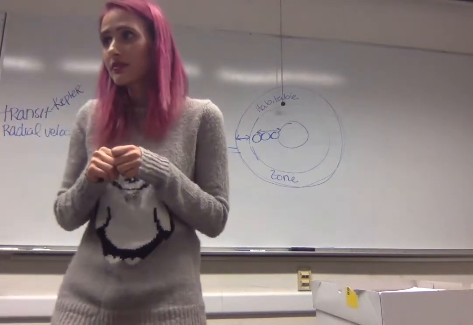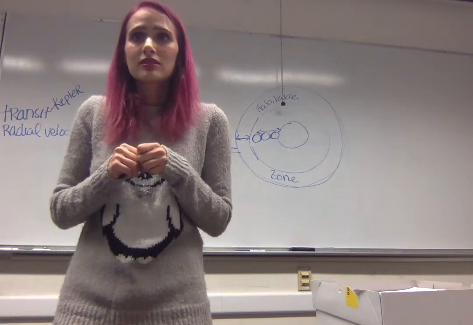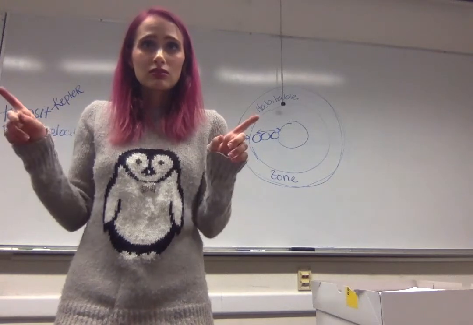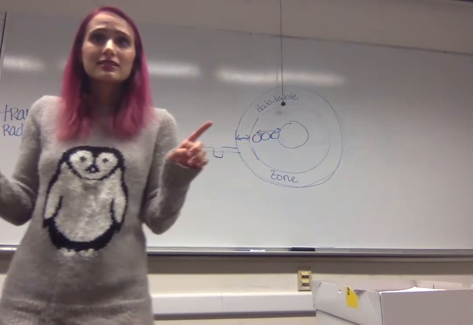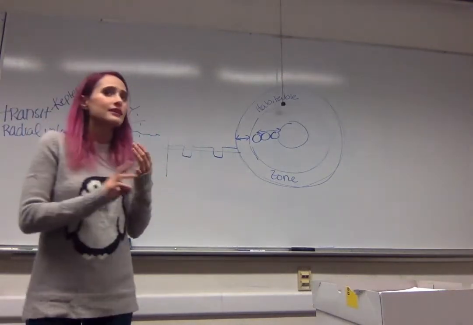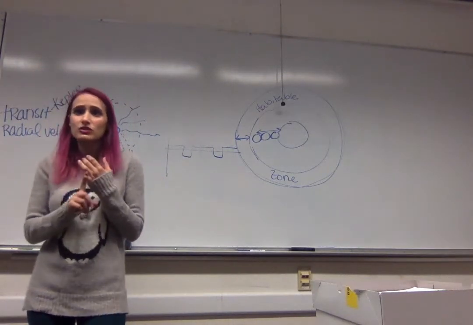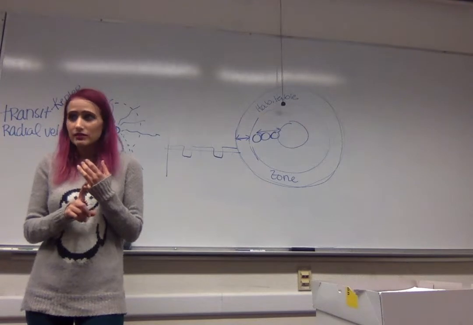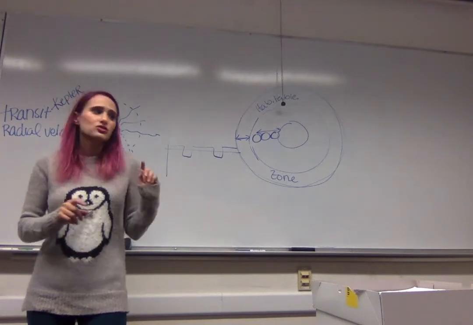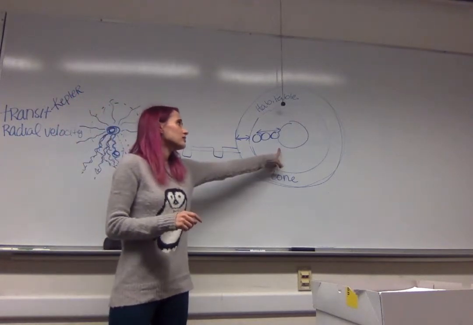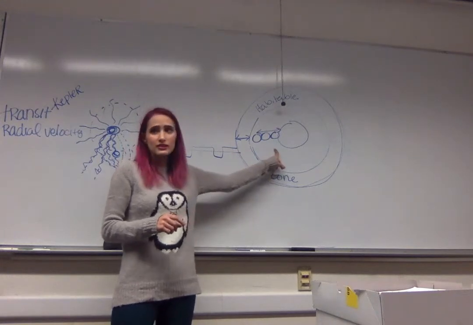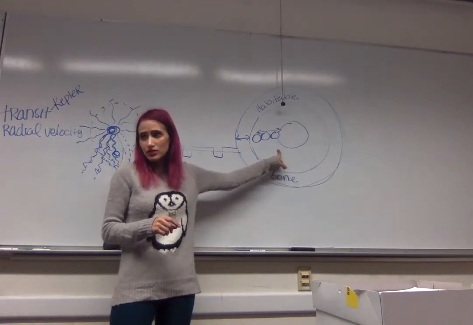So this is true. I told you that it's easier to detect planets that are close in to their star, right? So for a low mass star, the habitable zone is close in to the star. So we're going to find more planets in that close habitable zone.